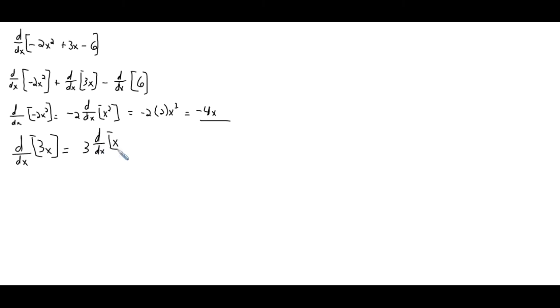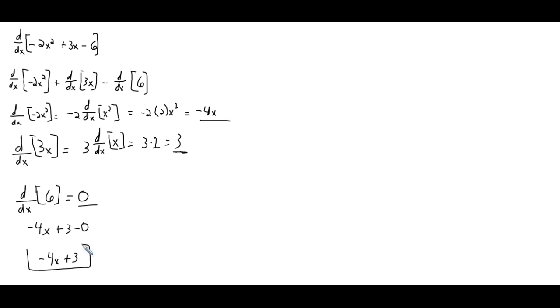So 3 times the derivative of x. We know that the derivative of x is just 1, so this is just 3. Finally, the derivative of 6 is a constant, so that's just 0. Now, we add all these up, right? Negative 4x plus 3 minus 0, which gives us negative 4x plus 3. And that's it. We're done.